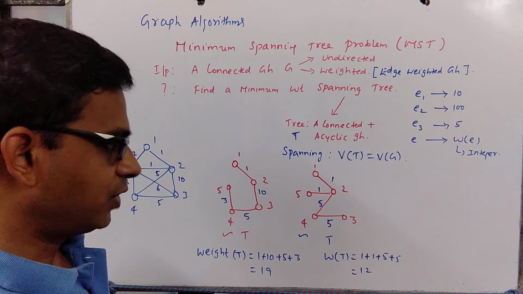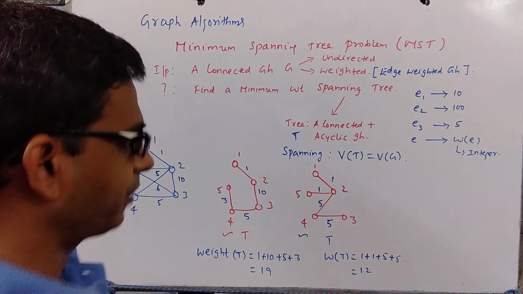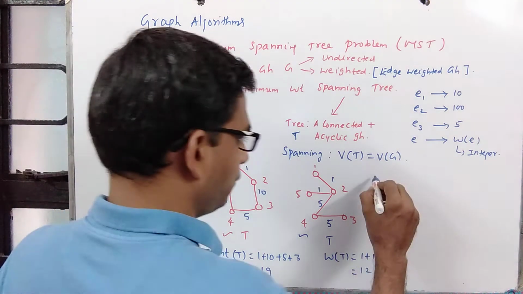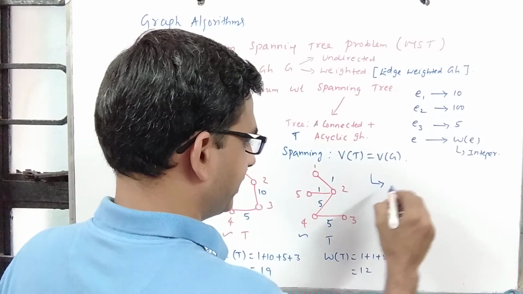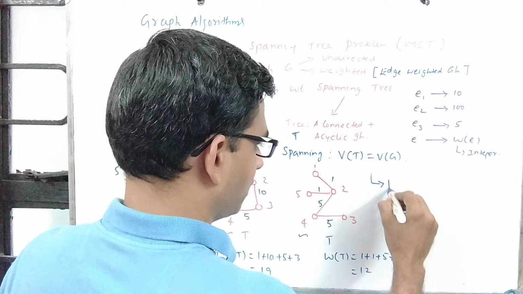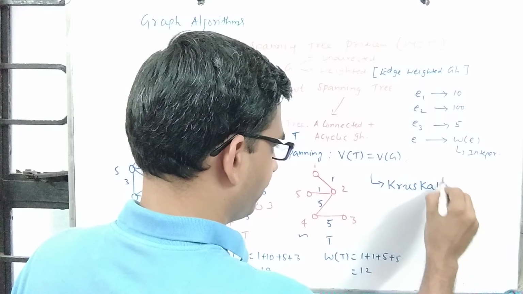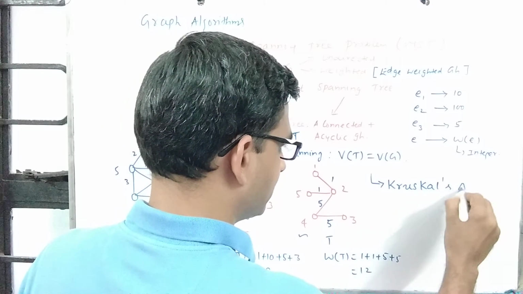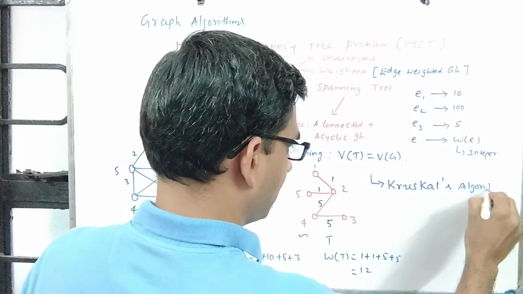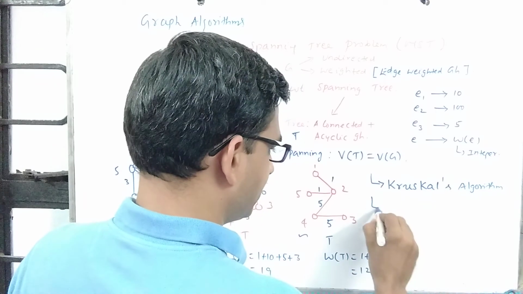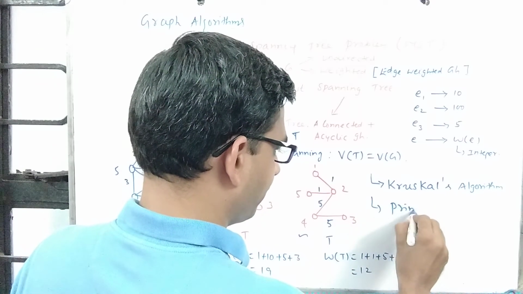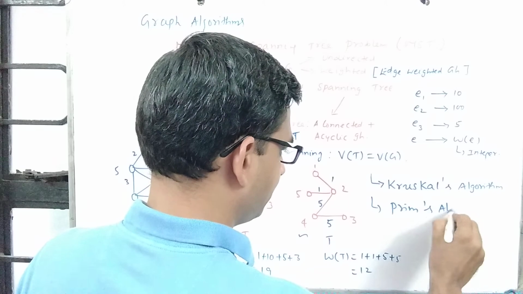Now, we want to see this as an algorithmic question. There are two popular algorithms which we shall be discussing as part of this course. One is Kruskal's algorithm. Another one is Prim's algorithm.